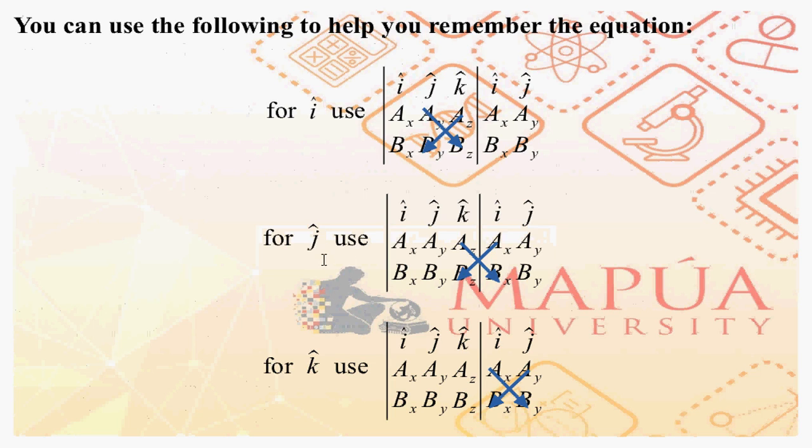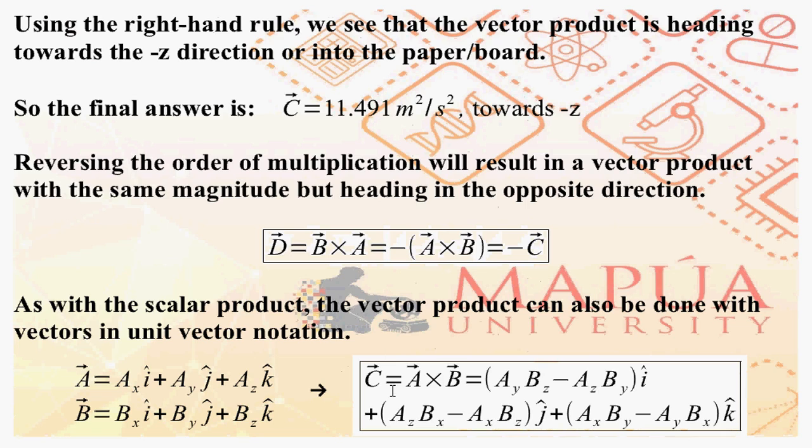Then for the j hat, the Y component of the vector product, cover up j hat, and then cross multiply the k hat and i hat columns. So, AZ BX minus AX BZ, times j hat.